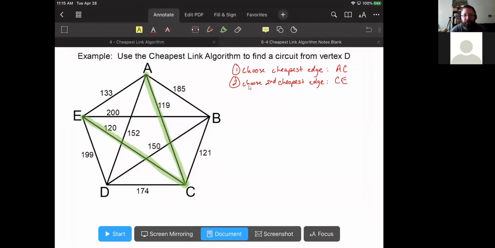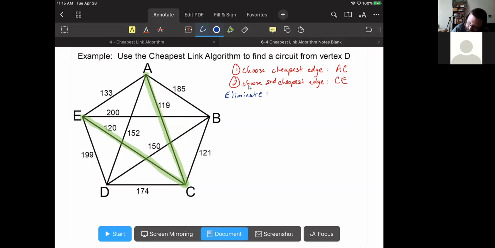What we're interested in is picking the cheapest edges we can possibly pick, in hopes that we will find the cheapest Hamilton circuit that we can possibly get. Okay, so once we've got our first two edges picked, this is the first place where we might have to eliminate some stuff. What I mean by that is we have rules.